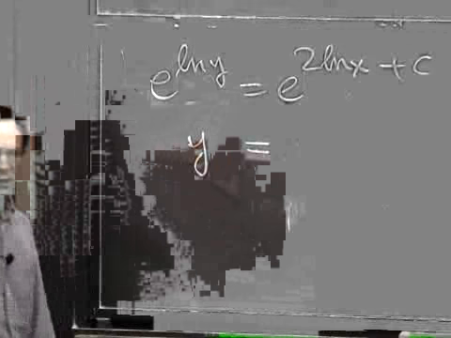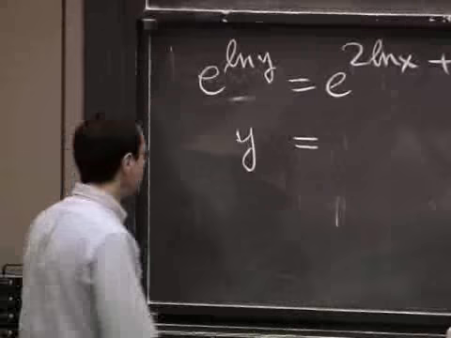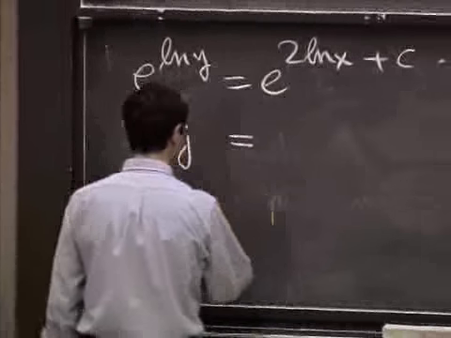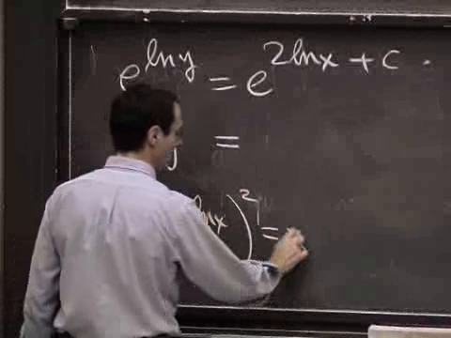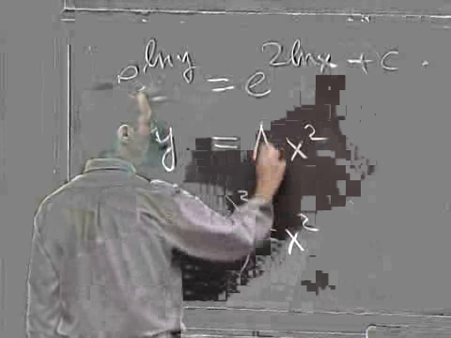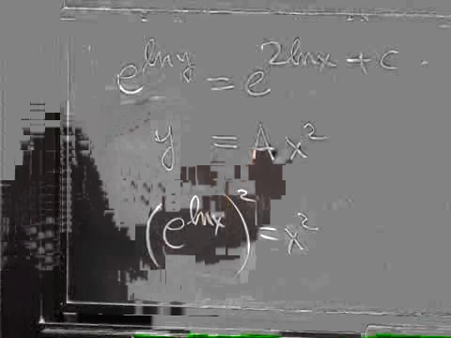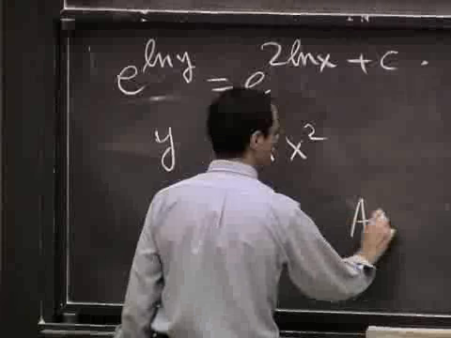So again, this is y on the left-hand side. And on the right-hand side, if you think about it for a second, it's e to the log x squared, which is x squared. So this is x squared, and then there's an e to the c. So that's another one of these a factors here. All right? A is equal to e to the c.